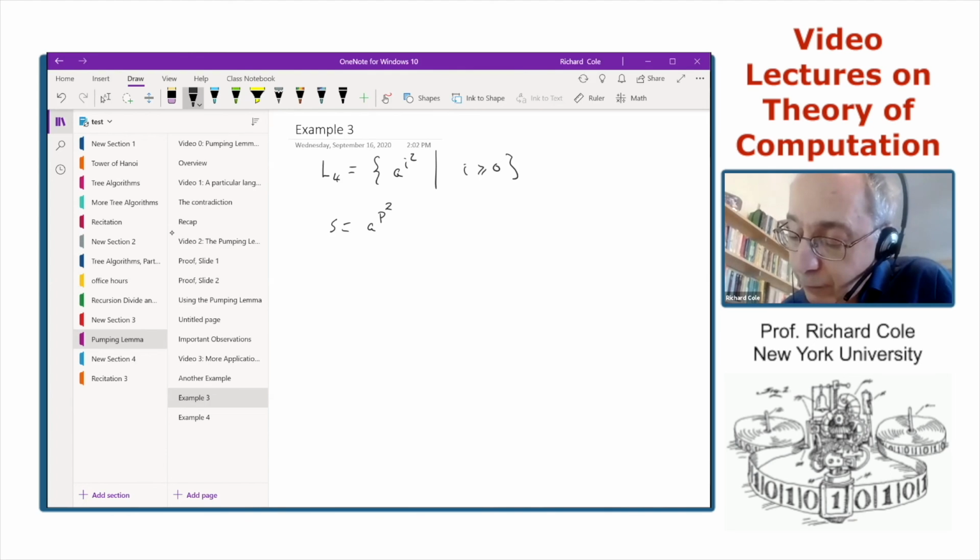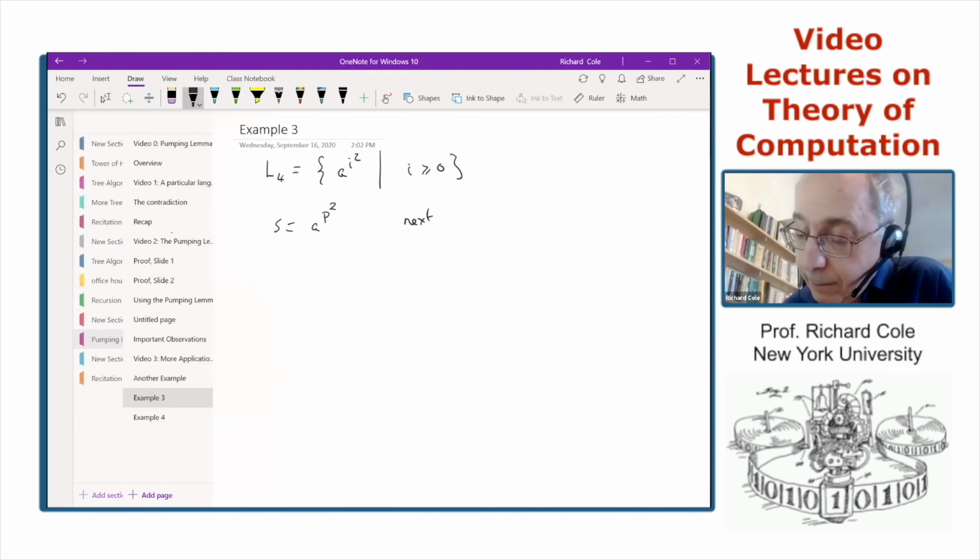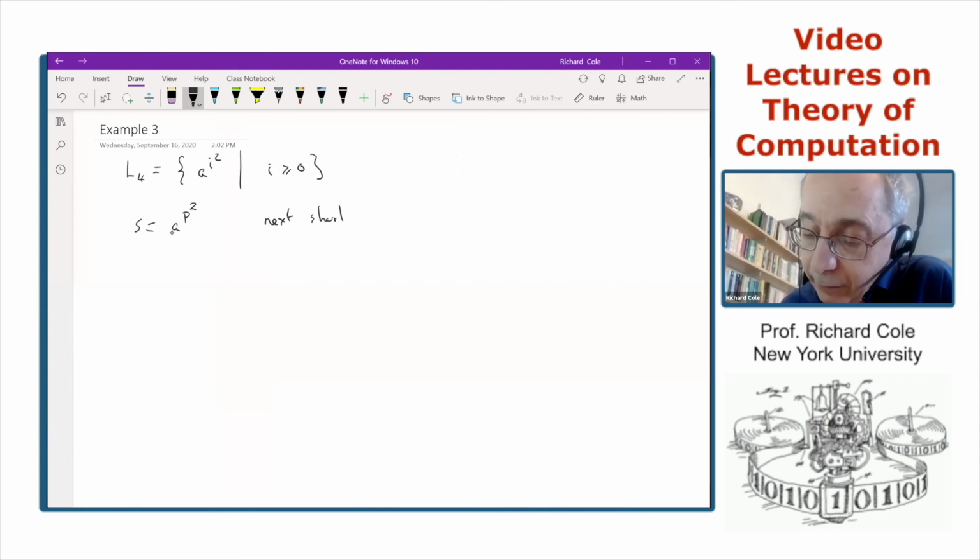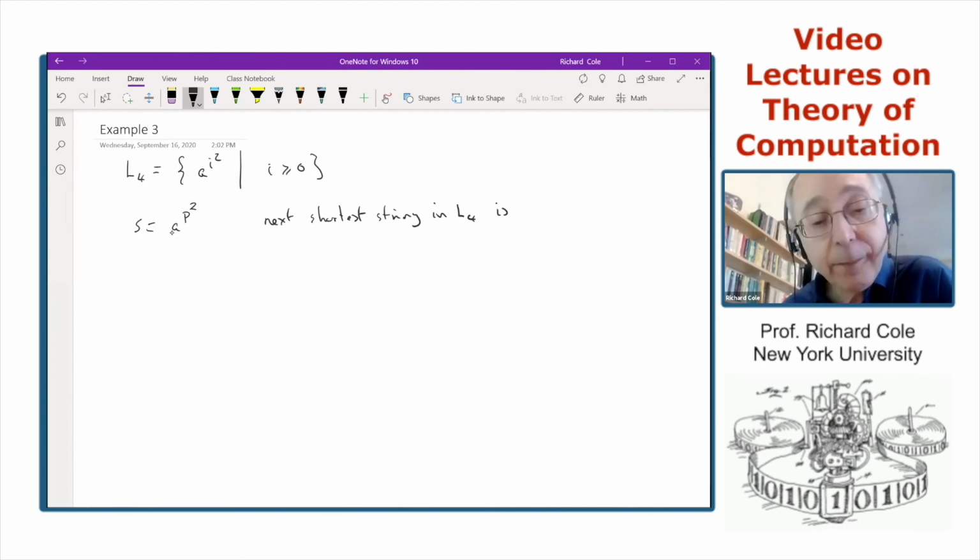And let me just observe the next shortest string in L4 is a to the (p plus 1) squared. So it's (p plus 1) squared number of A's, which we can calculate as p squared plus 2p plus 1.